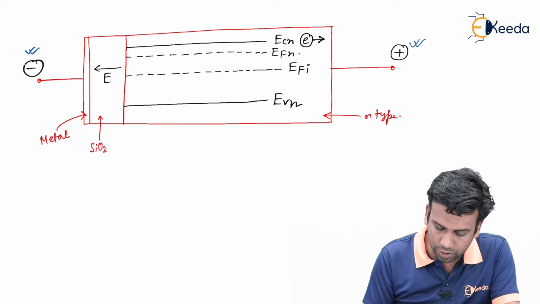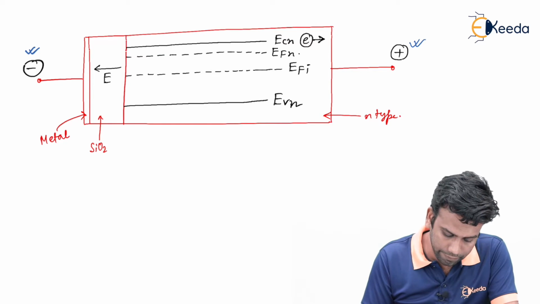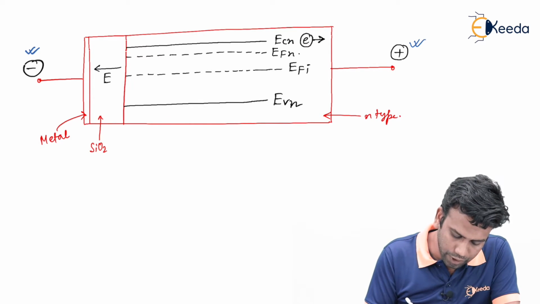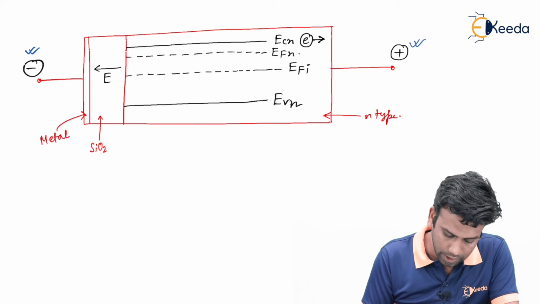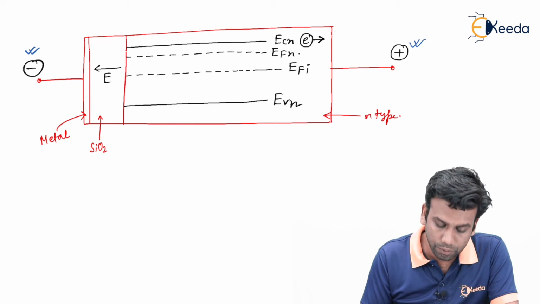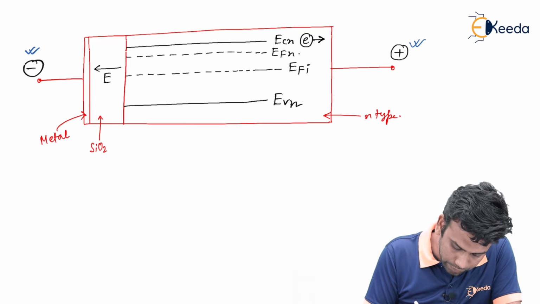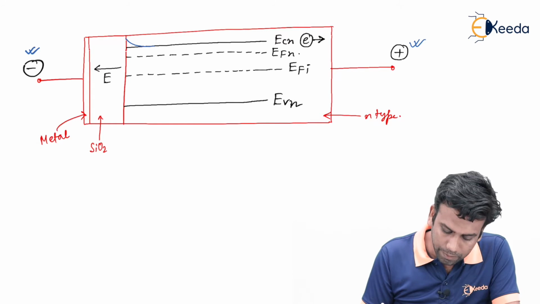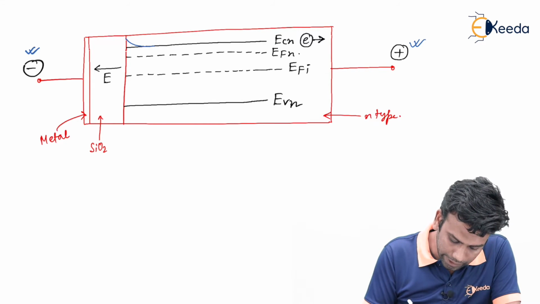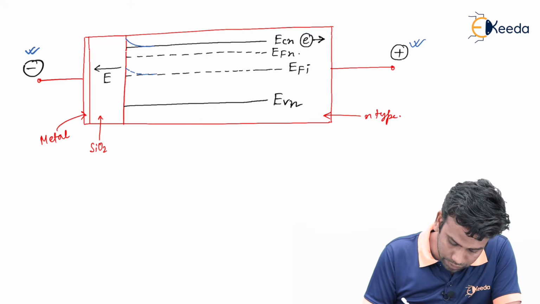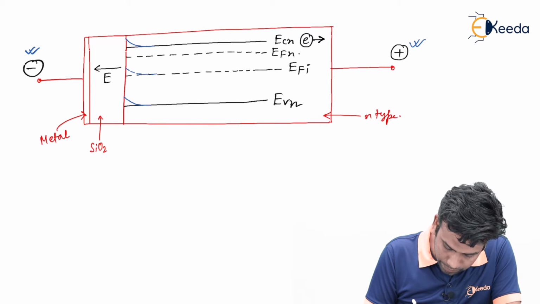That's why the electrons are moving away from the interface, and at the interface positive donor ions have been accumulated. That's why the conduction band will now move away from the Fermi level of the N type. That's why there will be a bending of the EFI also and bending of the valence band also.